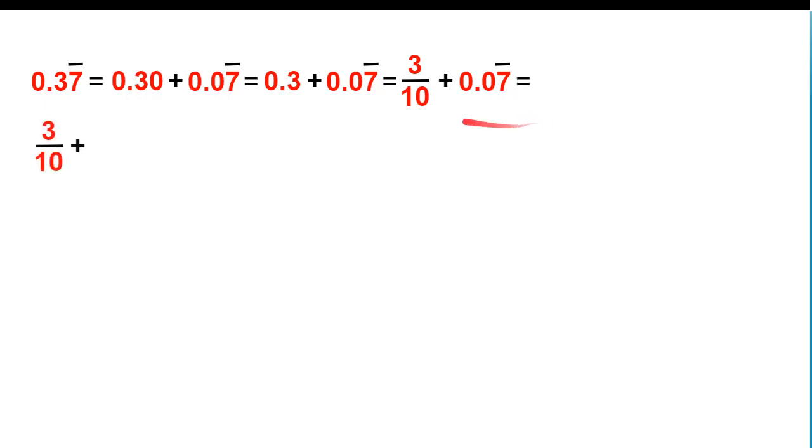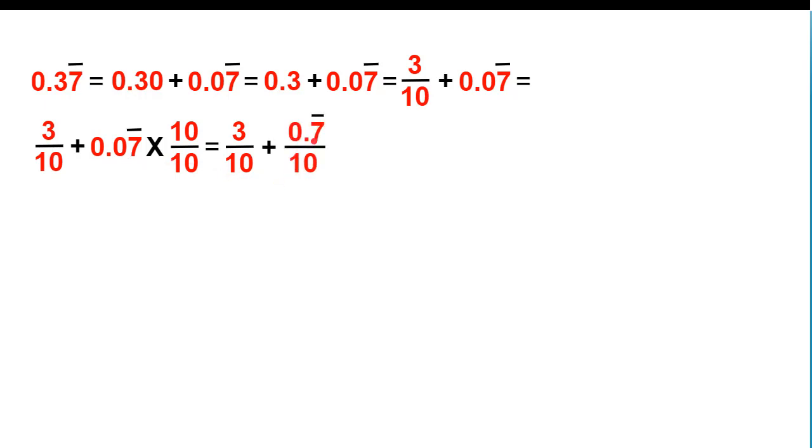We'll use the same trick from before: multiply it by 10 and divide it by 10. We get 3 over 10, and in this one the decimal point moves one digit to the right, so we get 0.7.